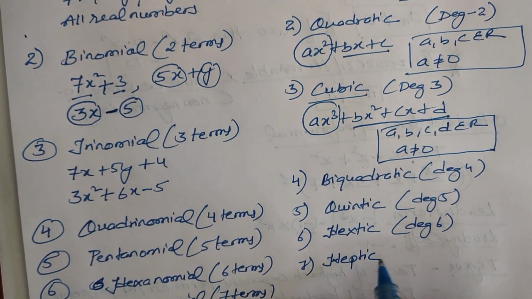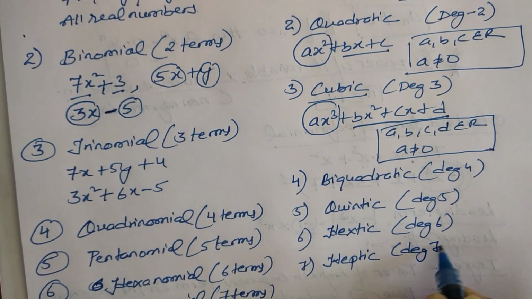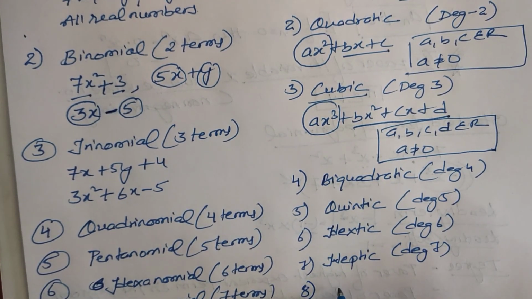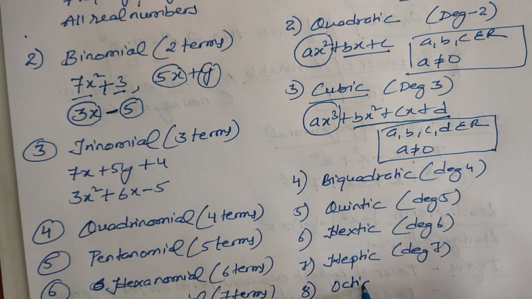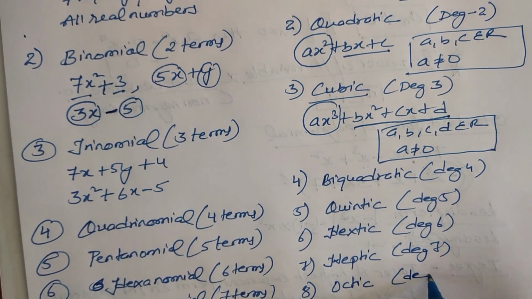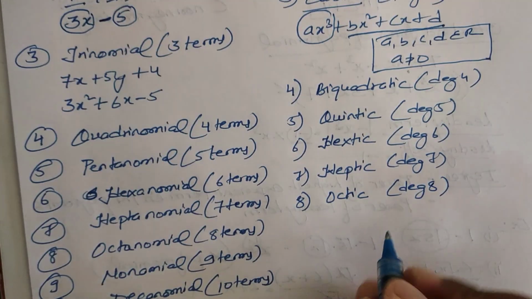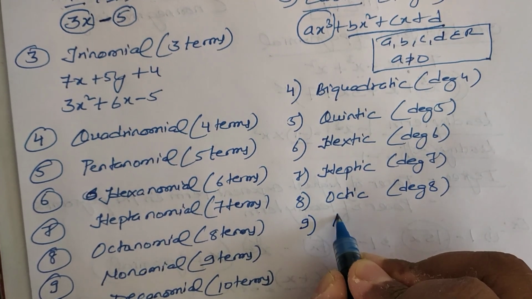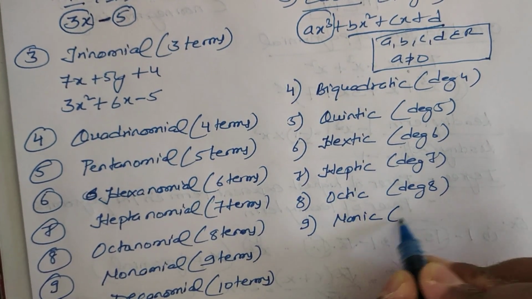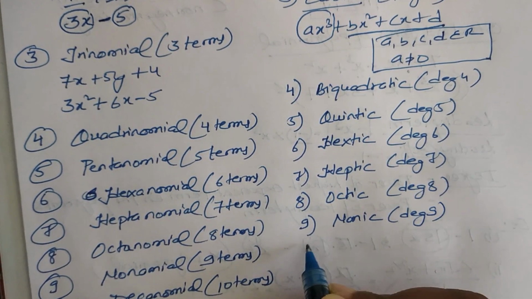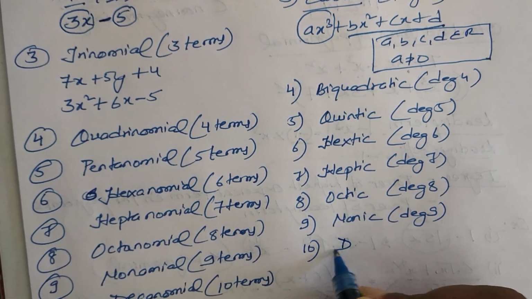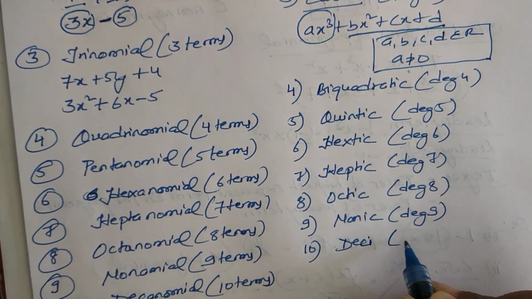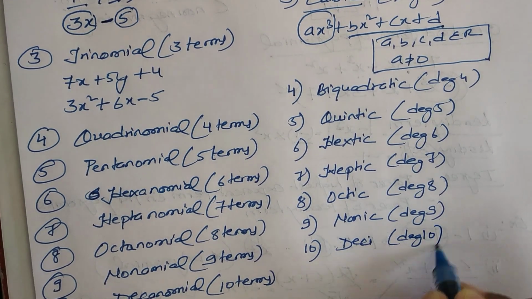Heptic polynomial having degree 7. Then we have octic polynomial having degree 8. Then we have nonic polynomial having degree 9, and 10 is decic polynomial having degree 10, and we can proceed further.